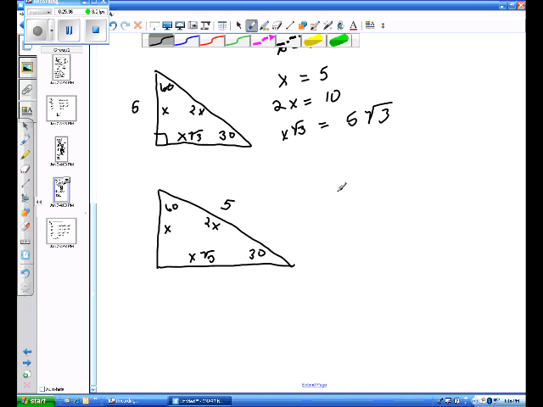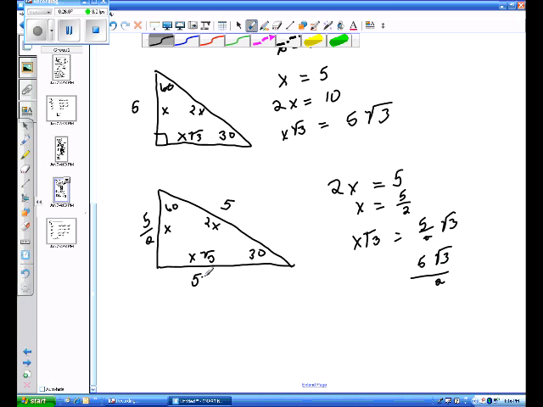There's your equation. 2x equals 5. So x equals 5 halves. So this side over here is 5 halves. And then x square root of 3 would be 5 halves times the square root of 3, which we can make a little bit simpler, 5 square roots of 3 over 2. So this side would be 5 square roots of 3 over 2. And it made it fairly easy to solve.